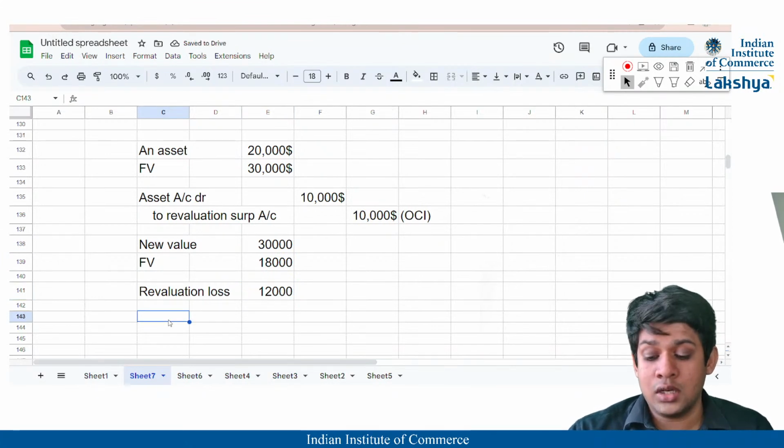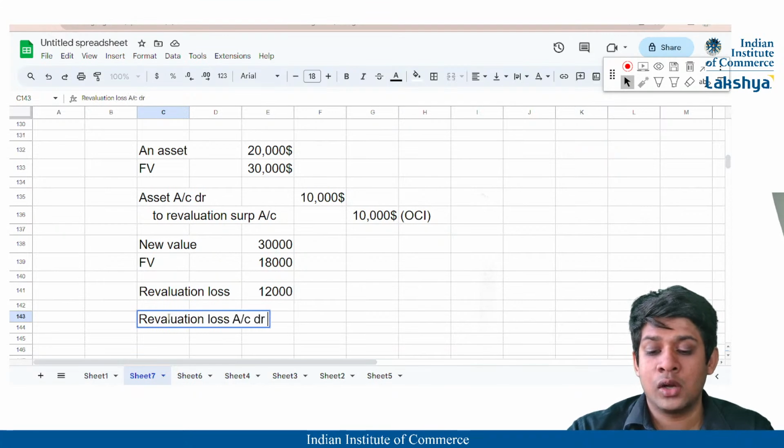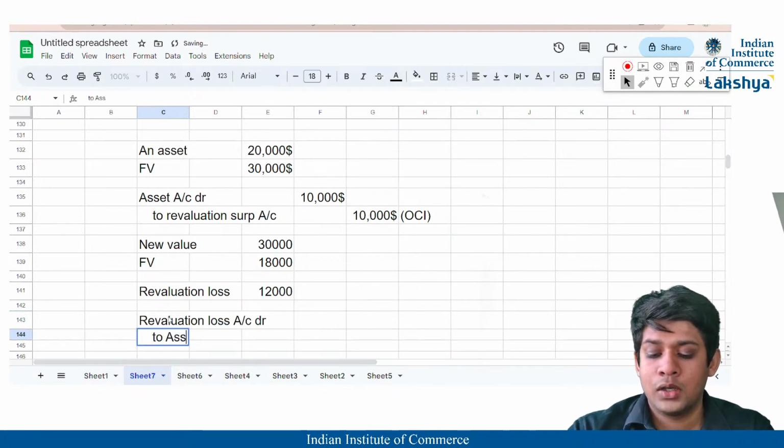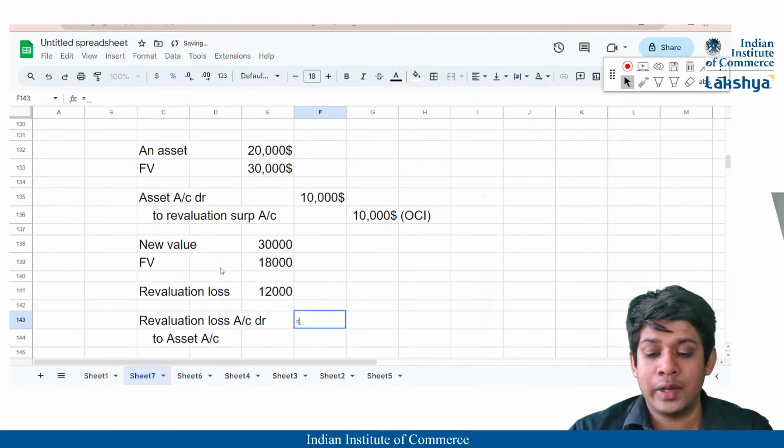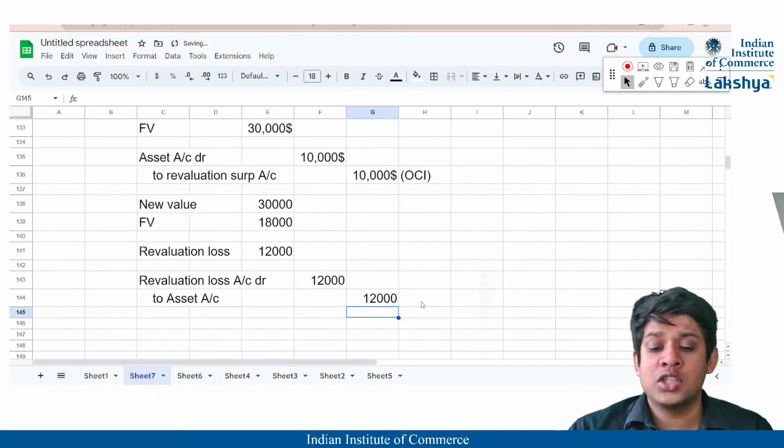As I told you earlier, revaluation loss is directly to be taken to P&L. So revaluation loss account debit to asset, value going down by that amount, that is 12,000. This is the journal entry that I would usually pass.